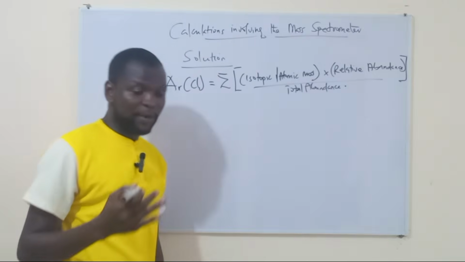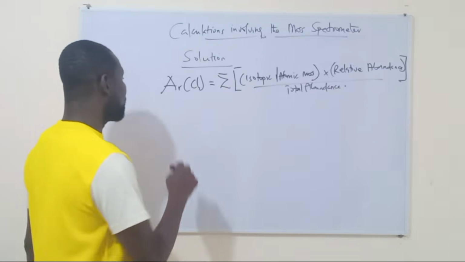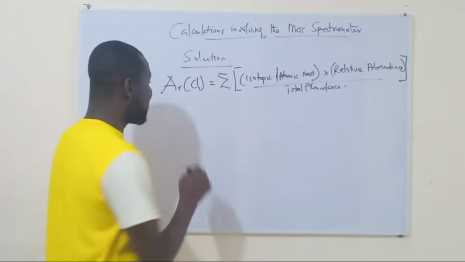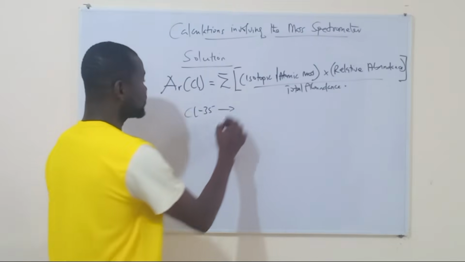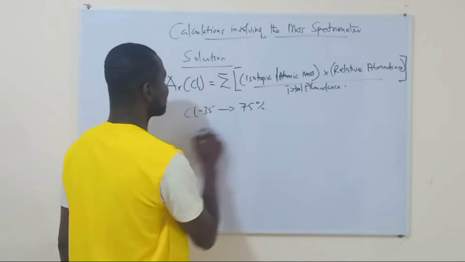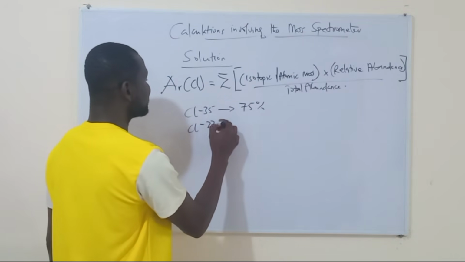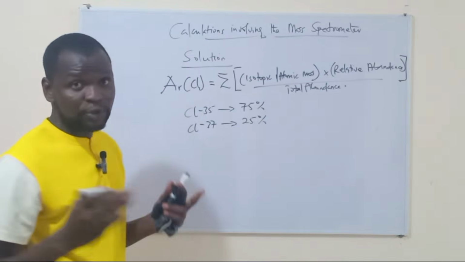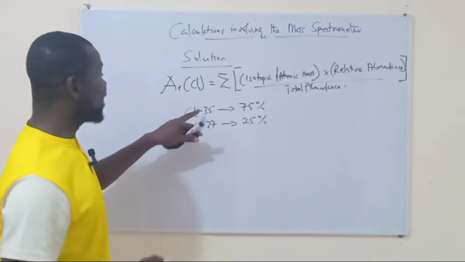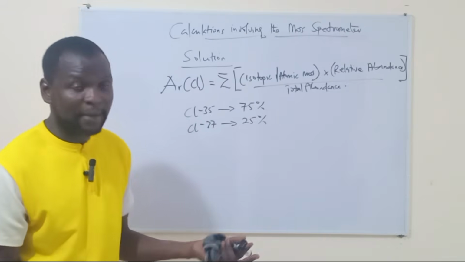So what do we know in the question? We're given the isotopic mass, which is chlorine-35. They said it was 75%. Chlorine-37 was 25%. So here we are going to substitute our isotopic mass as our atomic mass.